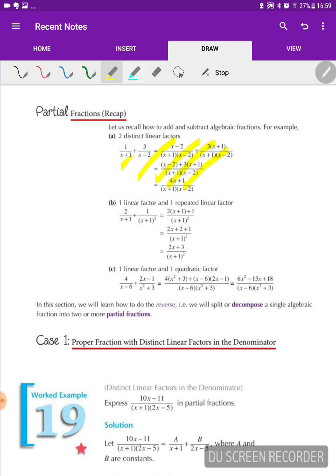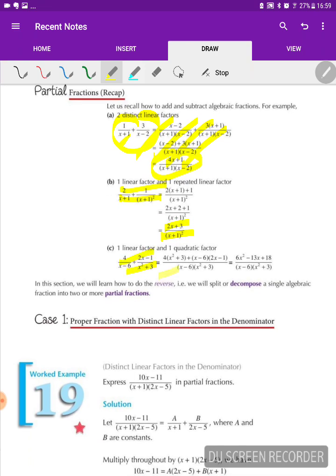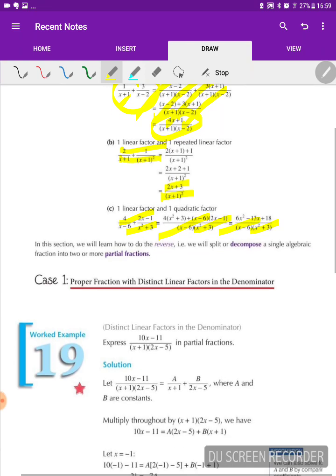You learned how to express two fractions as one single fraction by making the denominator the same and then getting your answer, correct? You have done questions like this, isn't it?